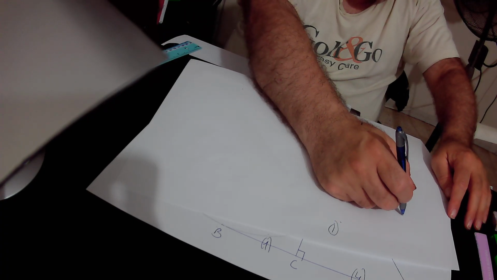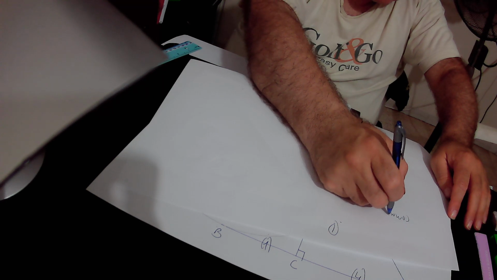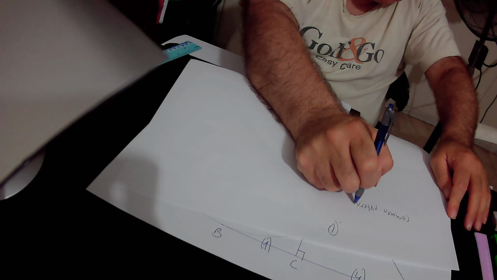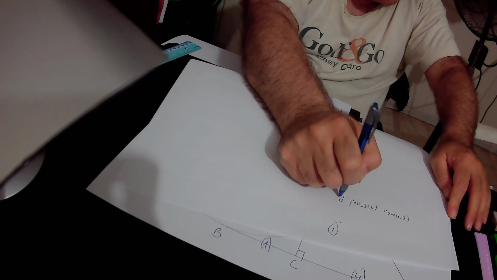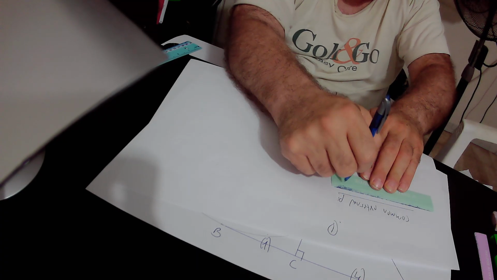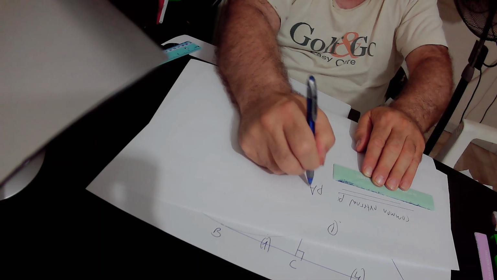If you focus on the common external point P, we have two tangents to the circle, tangent PA and tangent PB, and according to rule 2 they are equal to each other.